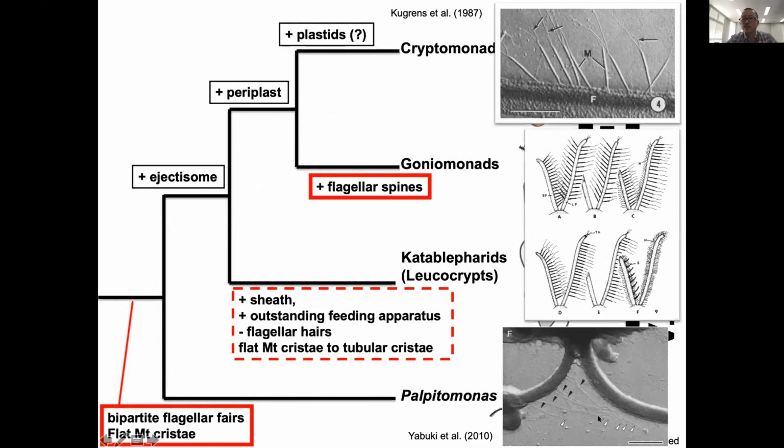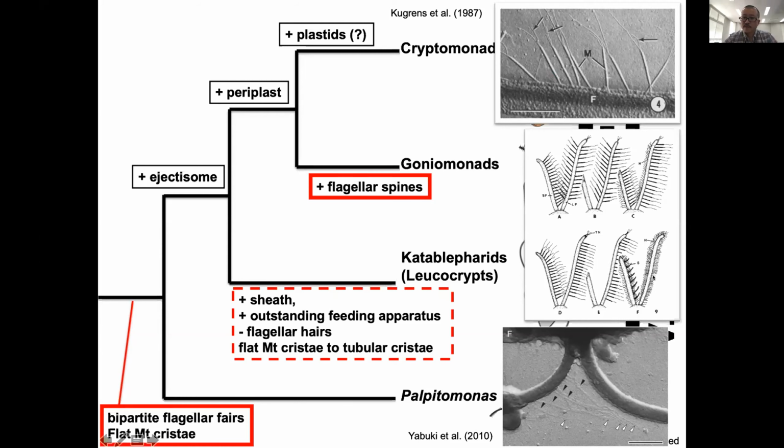Such bipartite hairs are also found in cryptomonads. The shaft part of the flagellar hair of cryptomonads seems much harder than that of Palpitomonas, but the structure is very similar. The goniomonad flagellar hair is very simple.